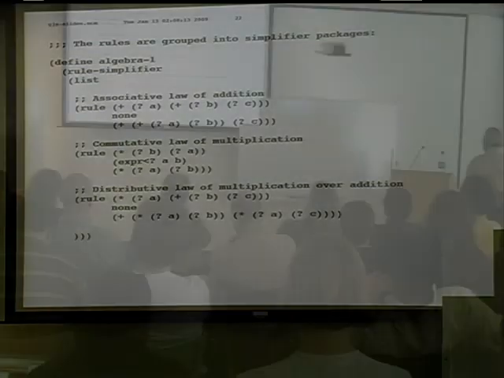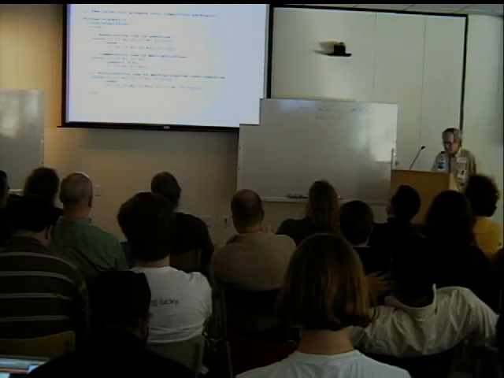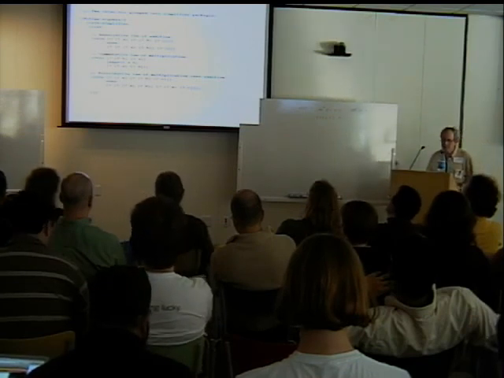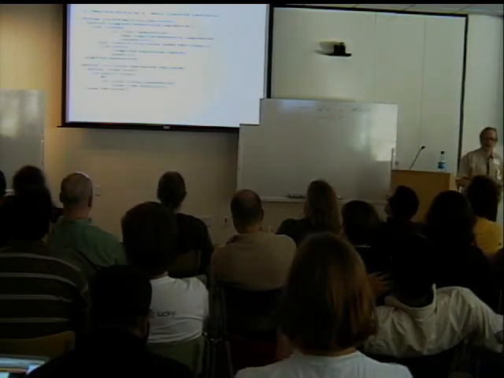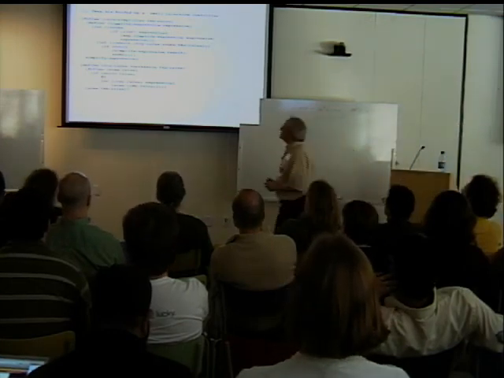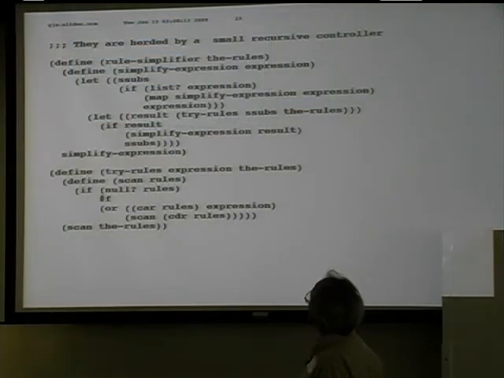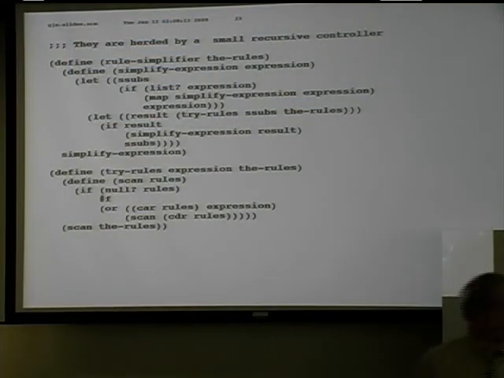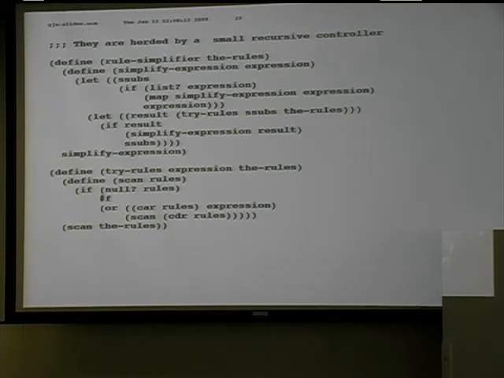Now how does this work? Well, this is a wild piece of recursive code. This is the recursive controller. You just saw the thing that makes rule simplifiers out of a set of rules.